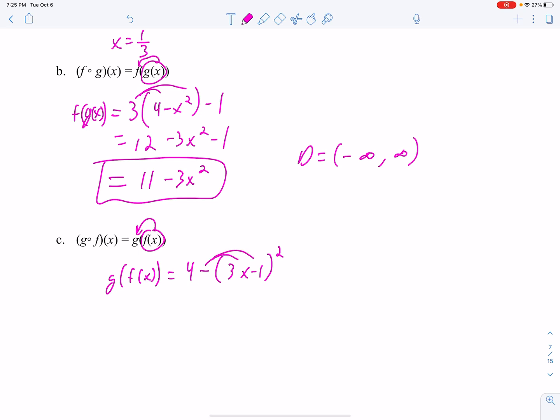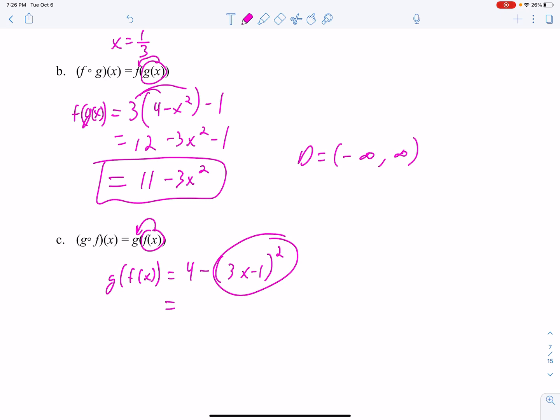We'll distribute the negative sign here. Okay, so we get 4 minus 3x. Oh no, my mistake. We're not going to distribute. I messed up. Remember PEMDAS, right? So we have to do the squaring first.